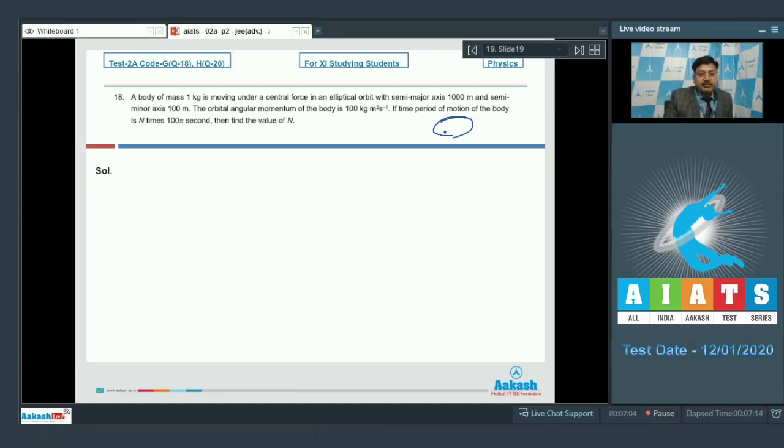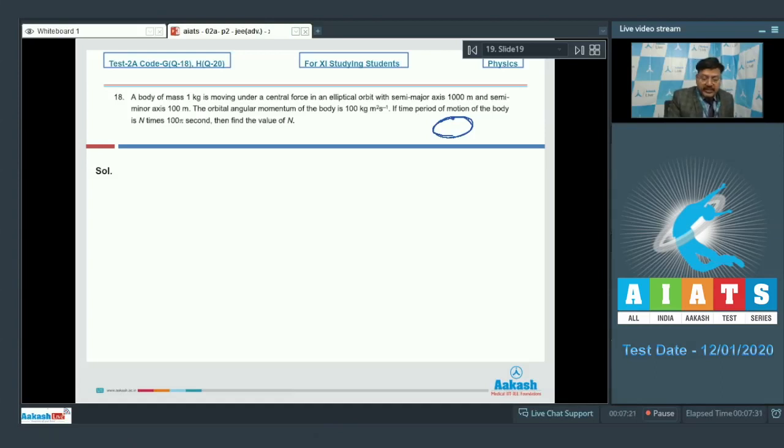Let me tell you, this motion is similar to motion of a planet in an elliptical orbit with the sun at the focus. So similar concepts will be applicable. The aerial velocity here also will be constant.